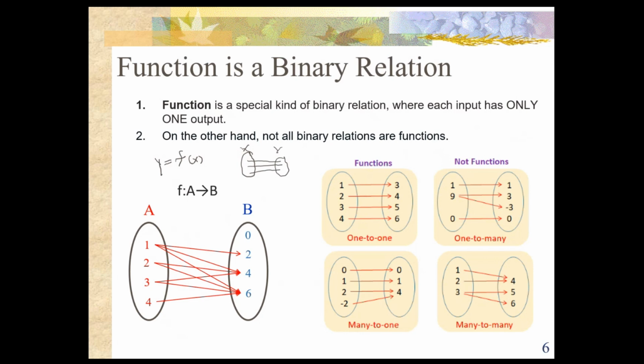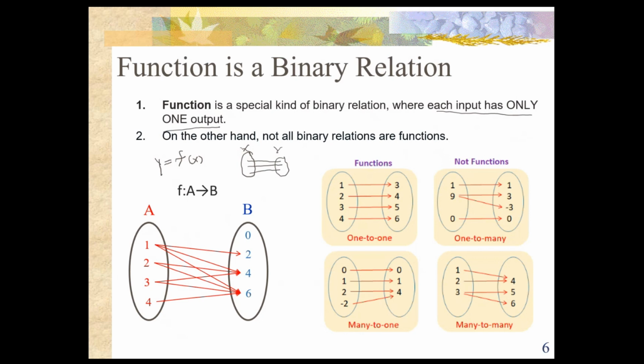In this slide, I want to emphasize that function is actually a binary relation. It is a special binary relation because each input has only one output. Let's look at examples of this.